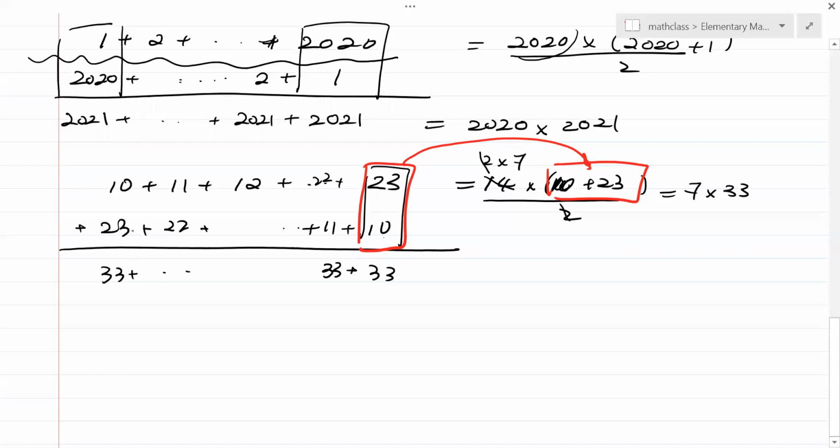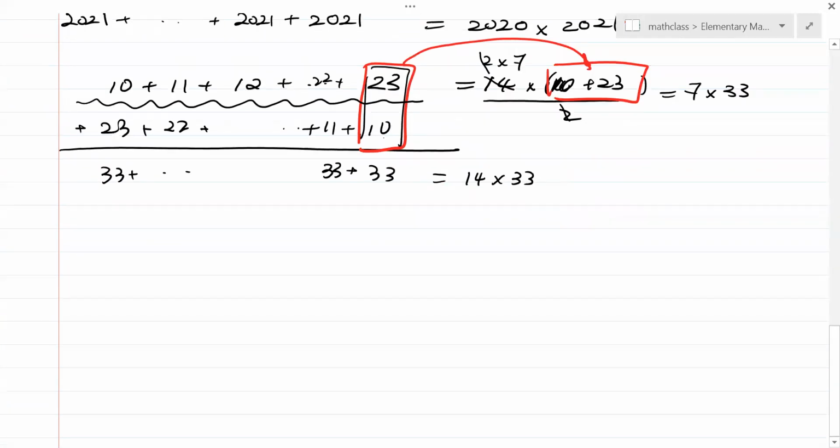So all the sums are 33. The question is how many of them? And you already figured out 14 such numbers. 14 times 33 is the total sum. But that's for the double of these numbers, right? So if you just want to find the sum of the numbers in the first row, you have to divide by 2. That's the idea.